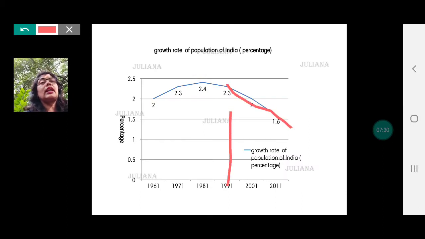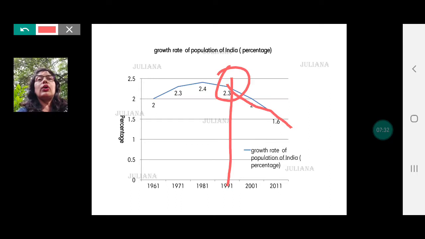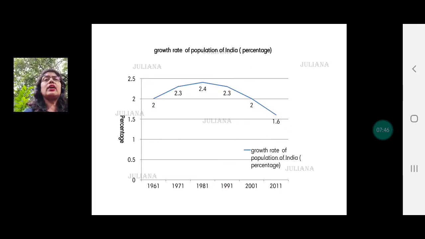So which year, they can ask you, from which year onwards the population growth rate of India is declining steadily? It is from 1991 onwards. What are those measures? We will talk about very soon. So this is the growth rate of our country.